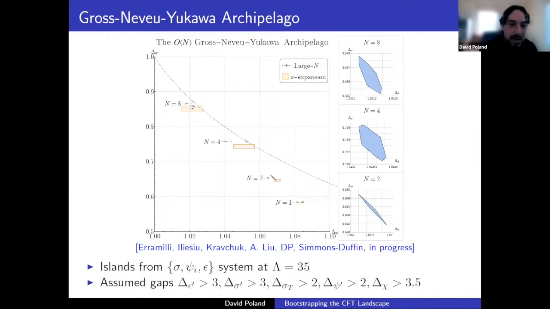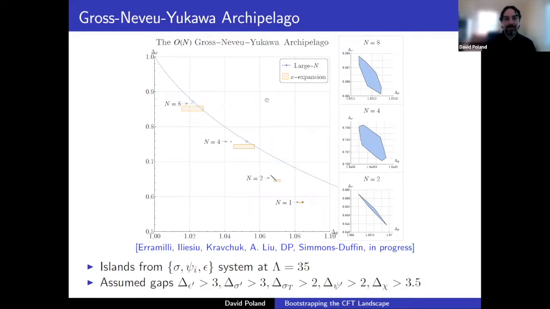The bootstrap islands in this plot are little dots, which I'll show you some zooms of in a moment. You can see it's a bigger island for N equals 2, but the island gets really small at larger values of N, like N equals 8.